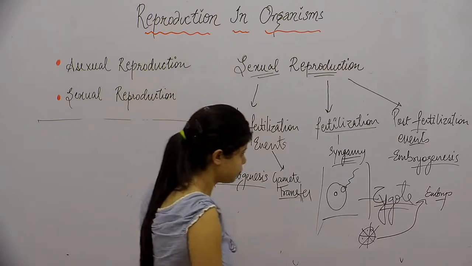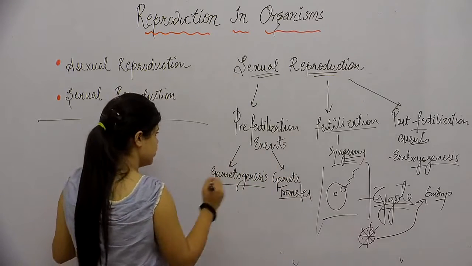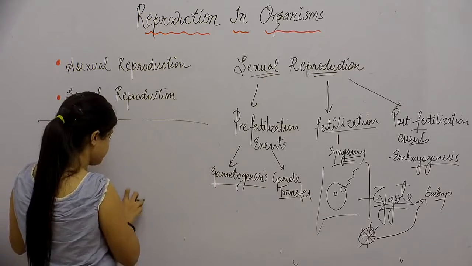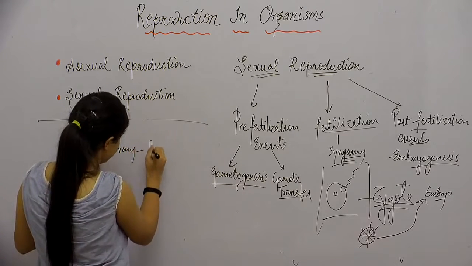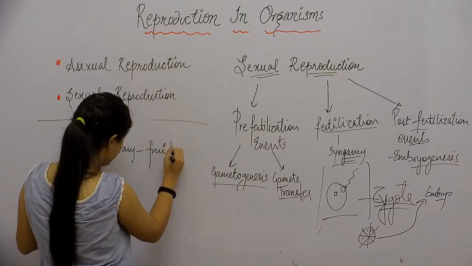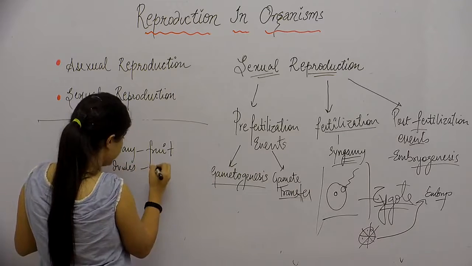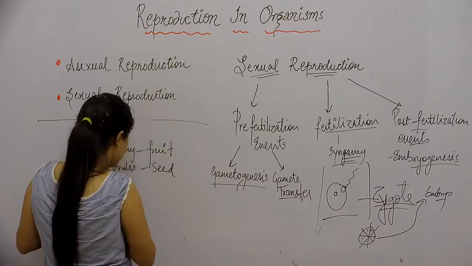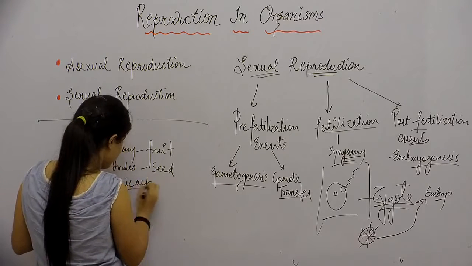And in plants, the ovary develops into fruit. Okay, ovules develop into seed, and there is a pericarp, which is the covering of the fruit.